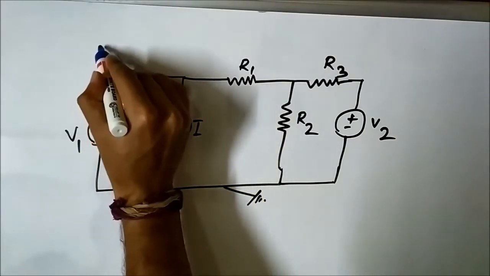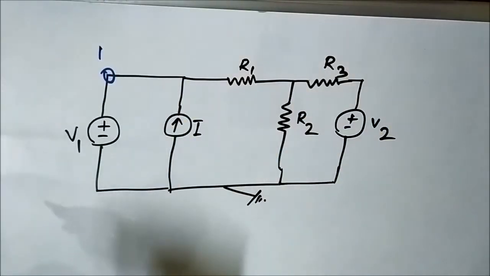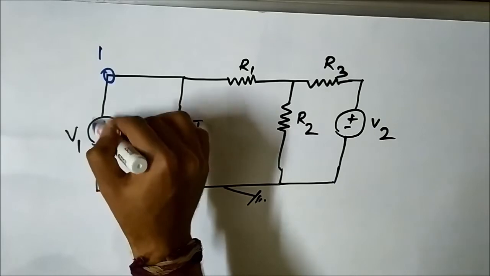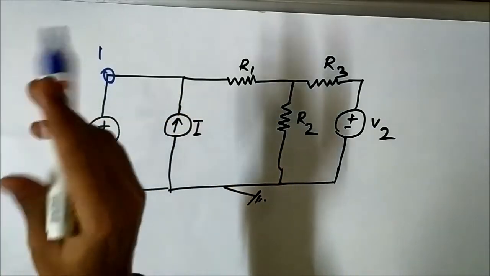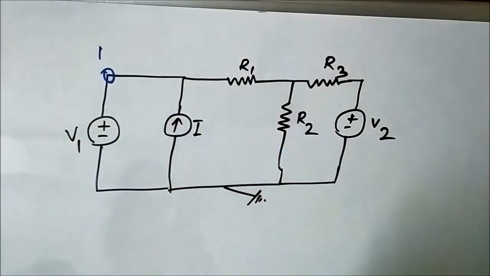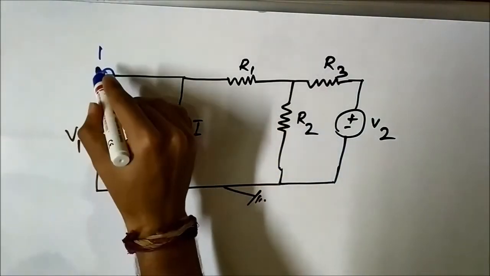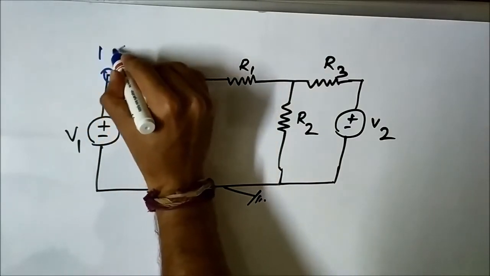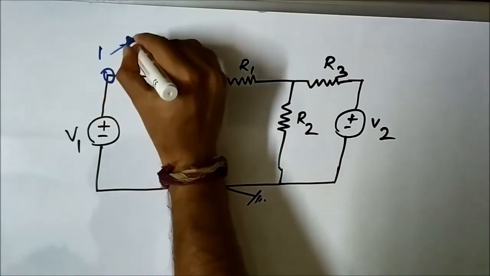Let's call it point 1. So in between point 1 and voltage source V1, there is no loss of voltage because there is no such circuit element present between them. So the voltage at this point 1 will be V1.